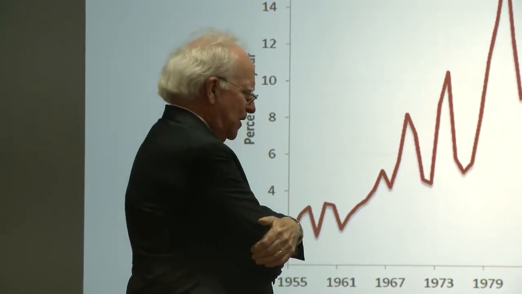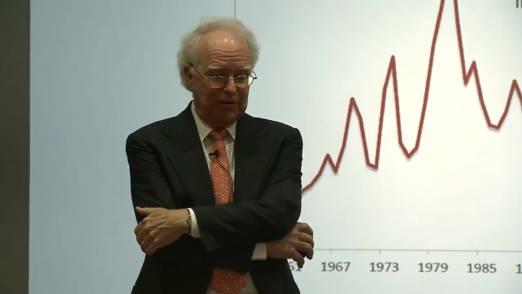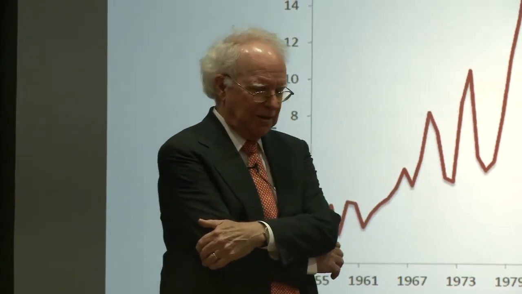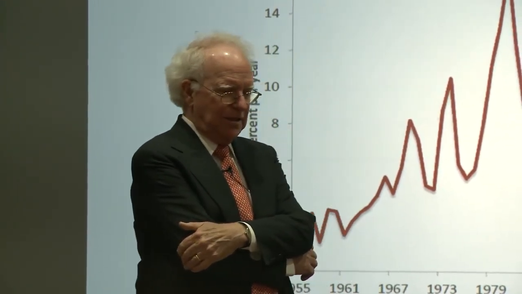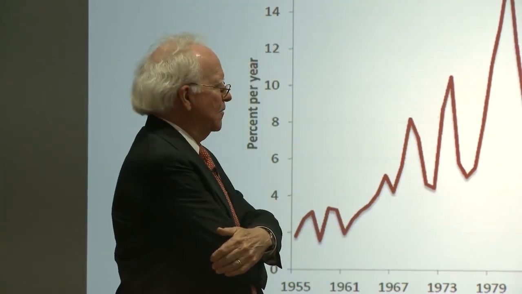The last policy remark is that, on the other hand, low interest rates are great from the public finance point of view. The U.S. has a total government debt of almost exactly equal to GDP, so that's $17, $18 trillion.